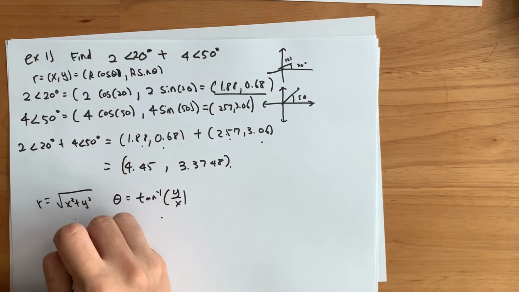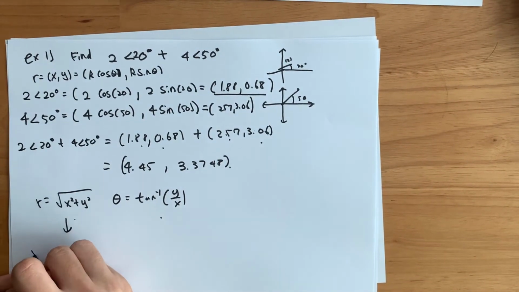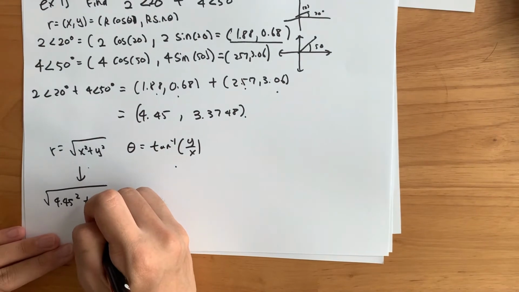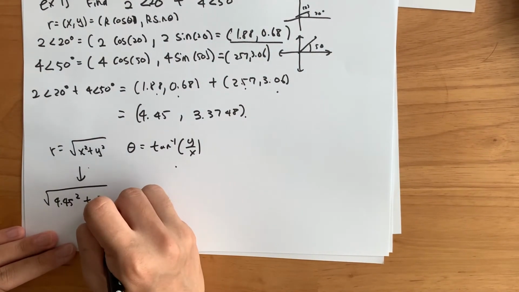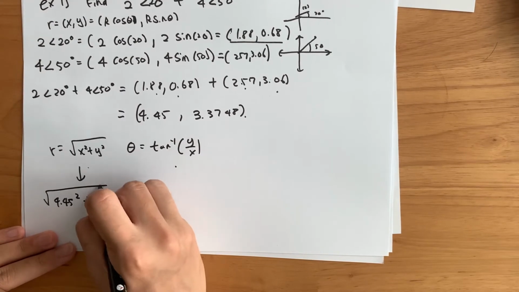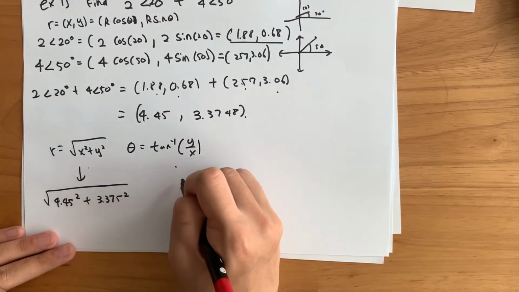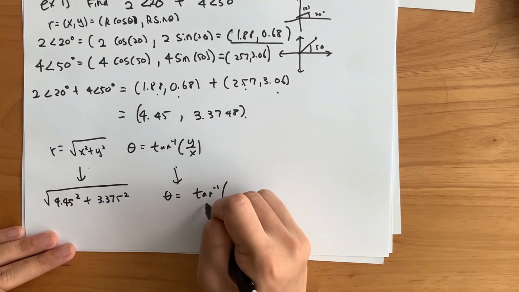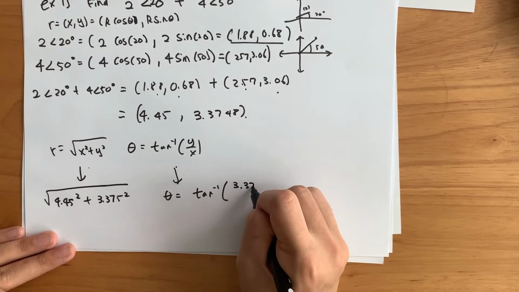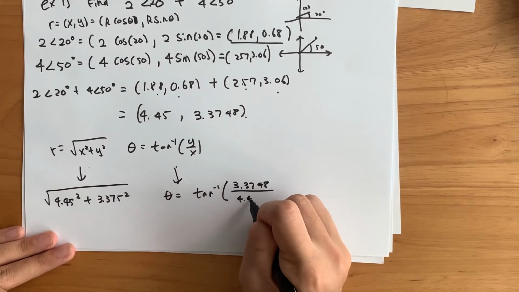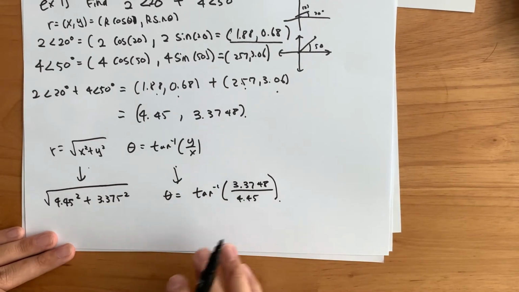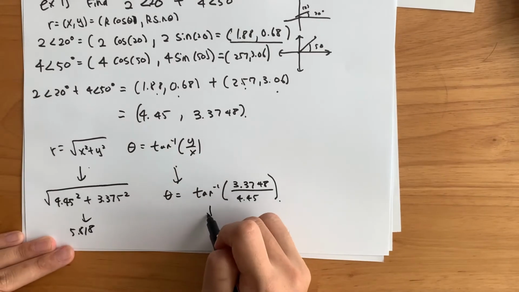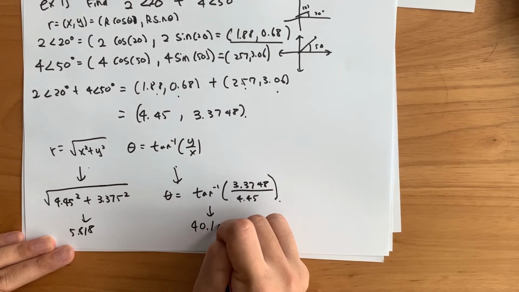You can just use a calculator, please. Engineers made it, and you can use a calculator. So r comes out to be 4.818, and theta comes out to be 40.106.